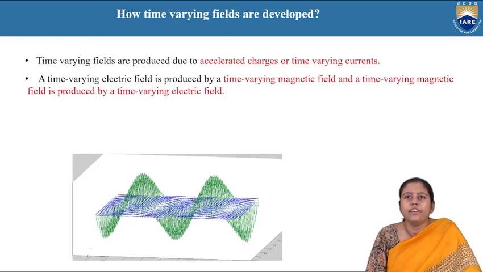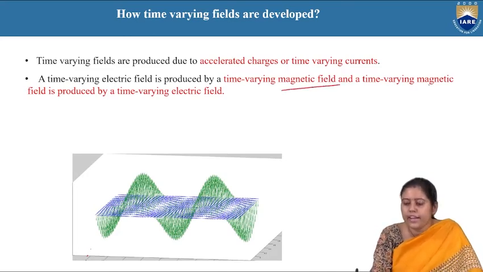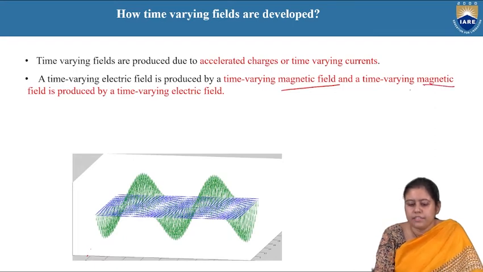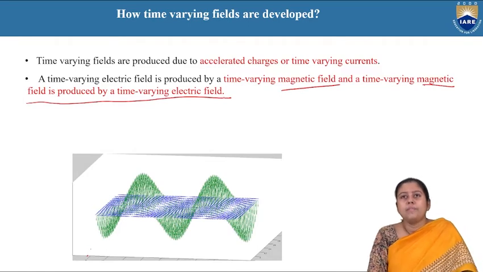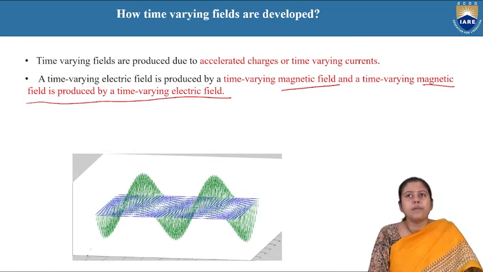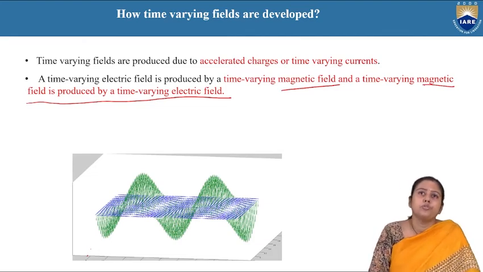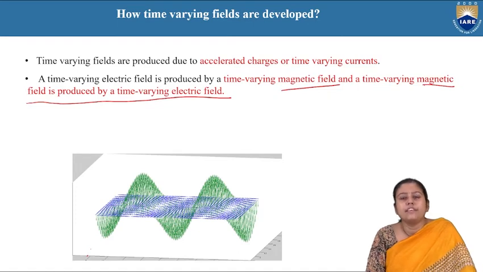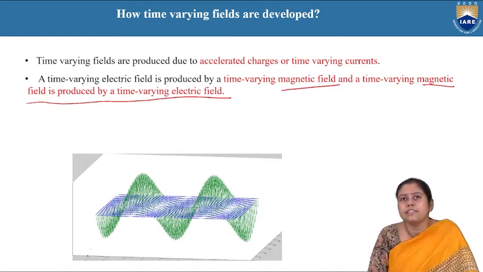A time varying electric field is produced by a time varying magnetic field, and a time varying magnetic field is produced by a time varying electric field. So we can understand that both fields are interrelated.